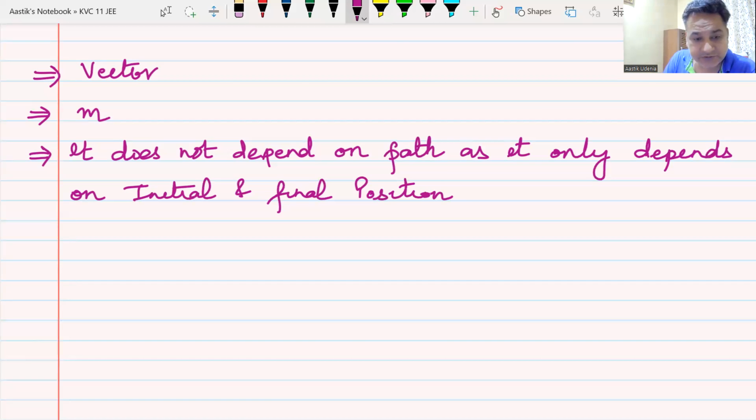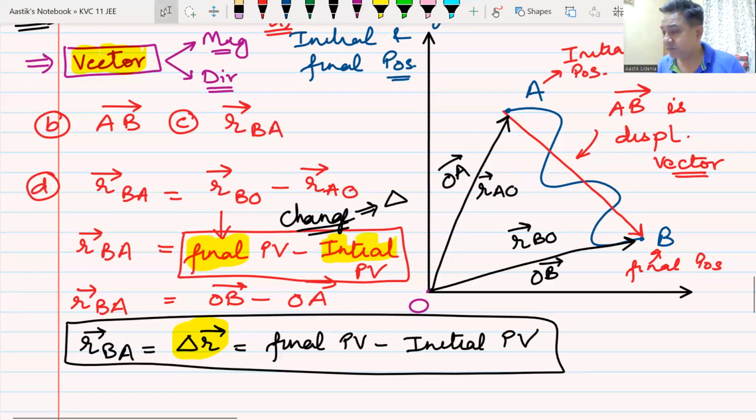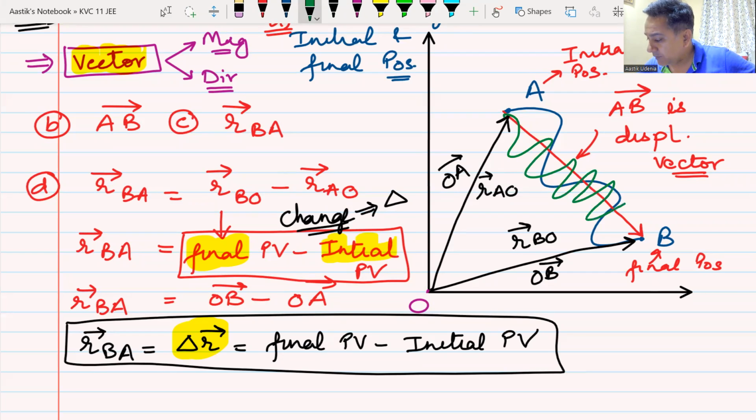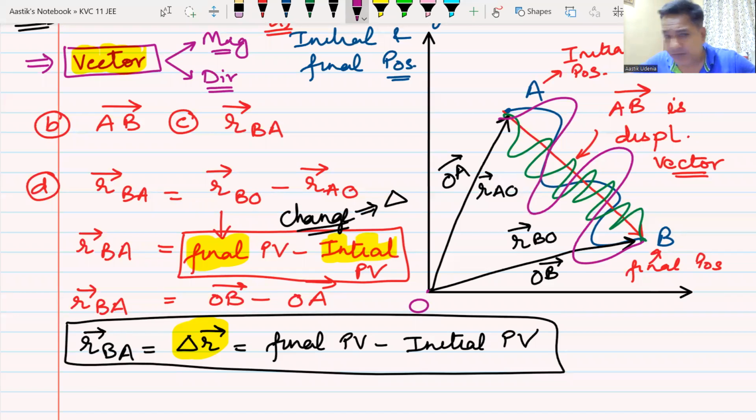Look at this diagram that I have drawn. The particle goes from A to B. It can go in blue path. It can go in green path. It can go in this whatever color is this. I don't remember. I don't understand color. It can go in any of these paths.